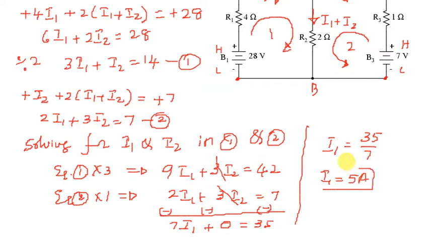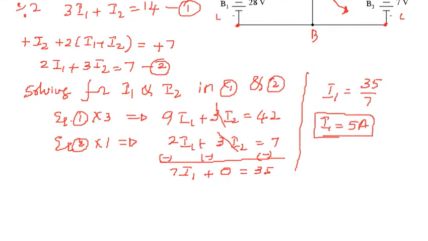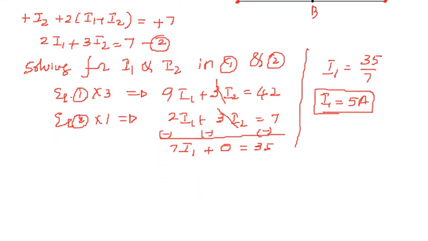Once I know I1, I can easily get I2 by using the first or second equation. Using equation 2, it is 2 times 5 plus 3 times I2 equals 7.